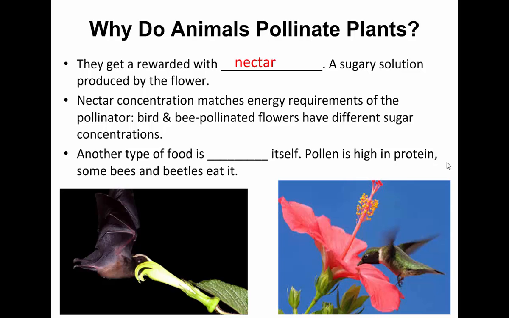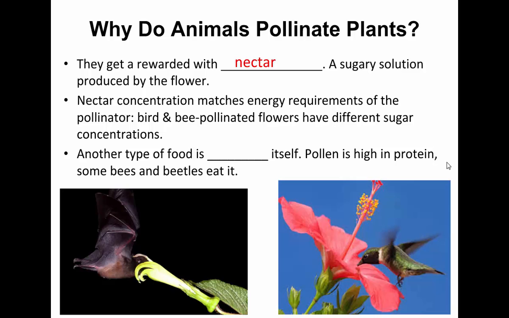Most flowers that are pollinated by animals produce nectar inside of the flower. And that nectar is a sort of sugary solution that the animal uses for energy. So it's providing a food source. And that's why bees visit flowers, right? Or hummingbirds visit flowers to get that nectar.